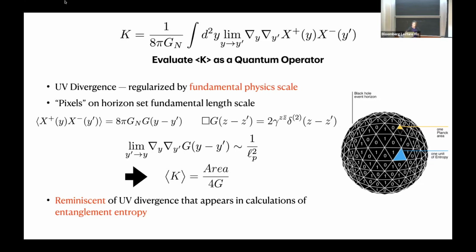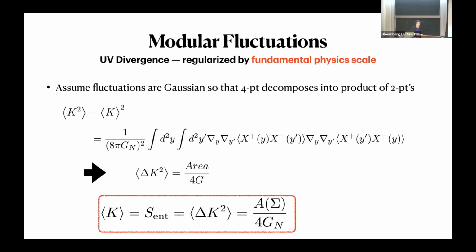So now let's compute the fluctuations in this operator. And let's assume that these fluctuations of the modular Hamiltonian are Gaussian, in which case the 4-point function is going to decompose into a product of 2-point functions.